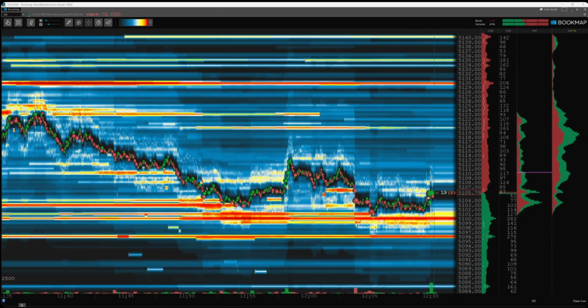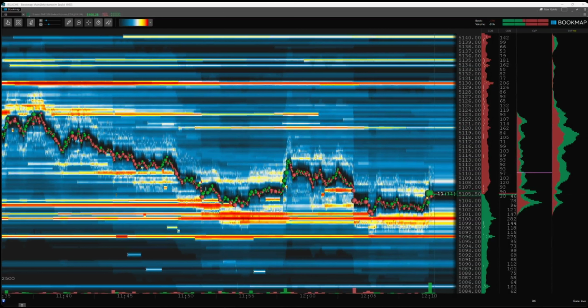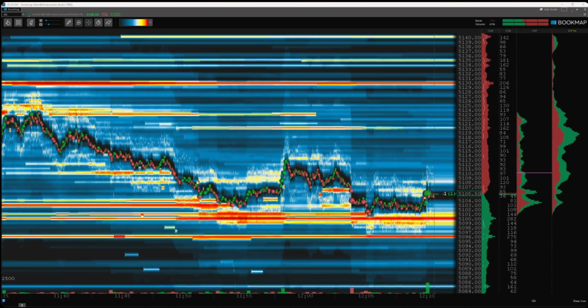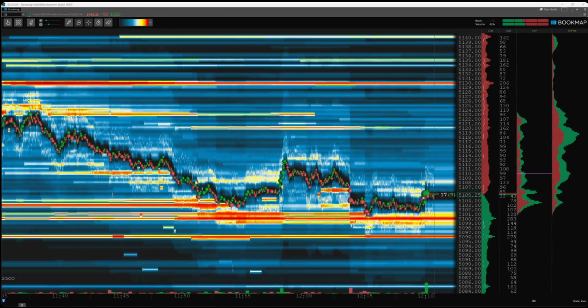So if we look at SPY right now, we are just tapping the 20 EMA on the 1 minute, which is normally a pullback.